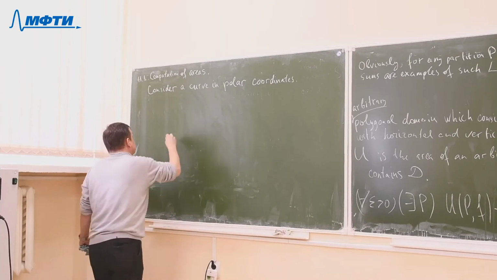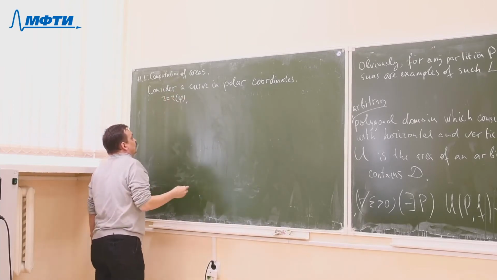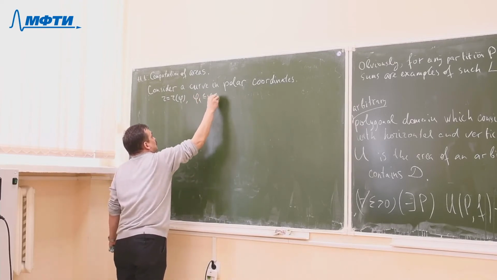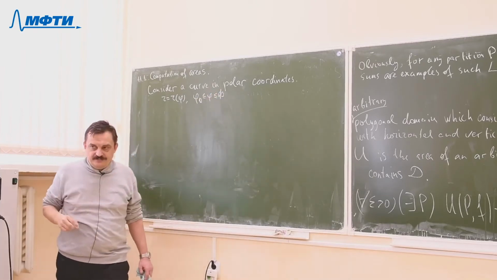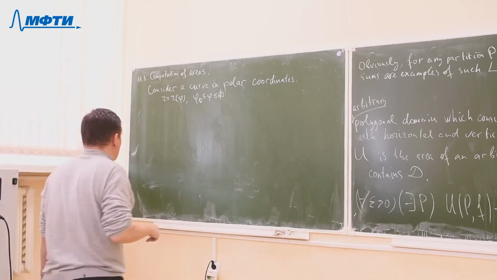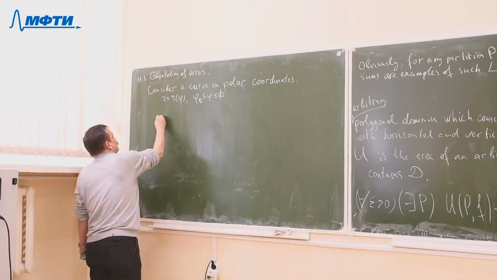It means r equals r of phi, where phi varies from, let's say, phi naught up to capital Phi. Let it be like it was for parameters. Polar coordinates, what are polar coordinates?